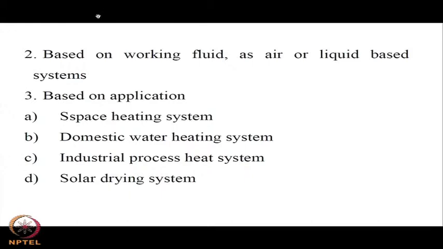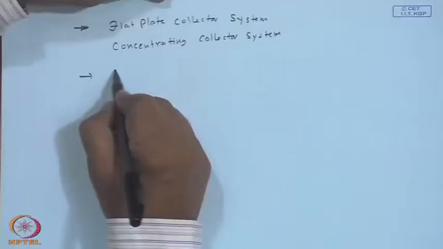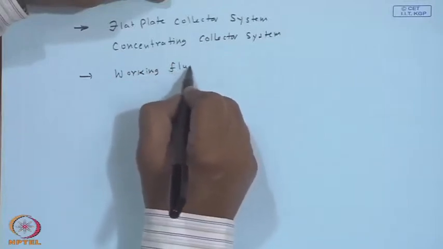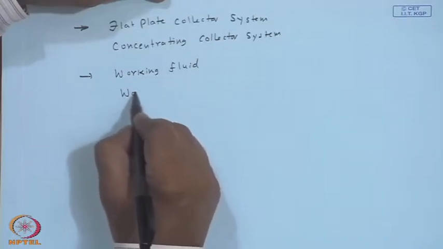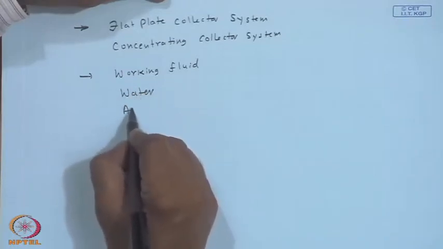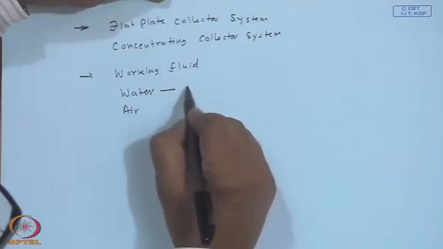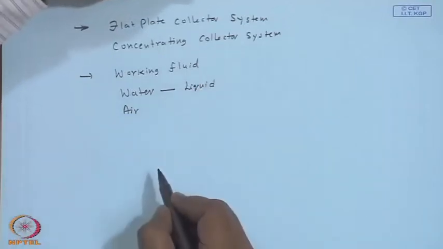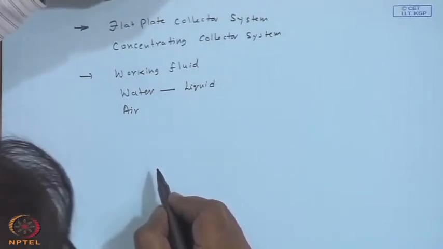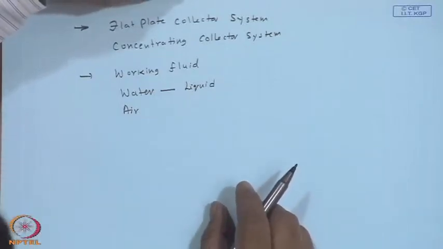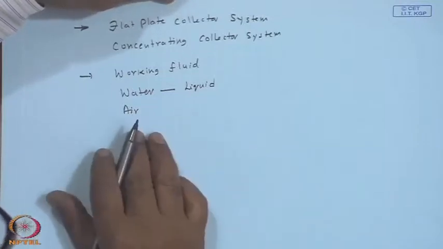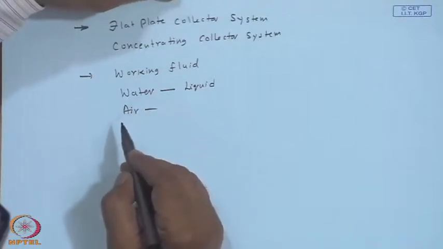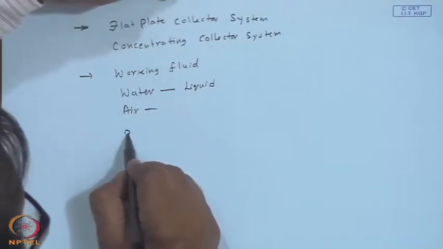Then it could be based upon the working fluid, usually water or air. Instead of water, it can be a liquid for certain advantages like antifreeze or even high thermal capacity fluids, and generally gases are not heated, most of the time it is only the air, and you may call it based on application.